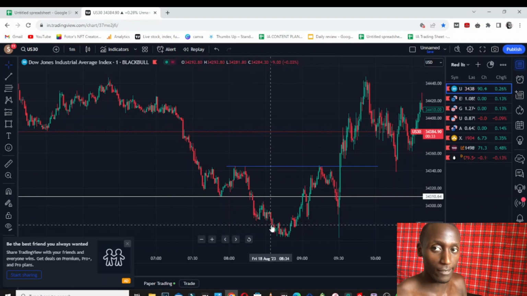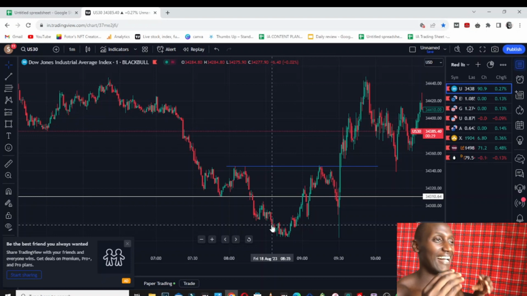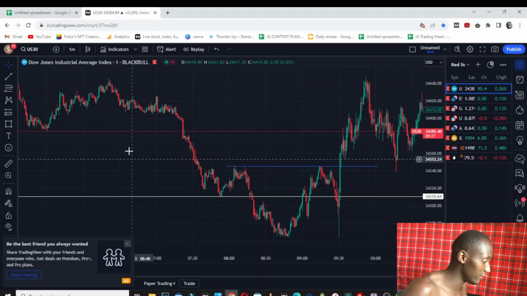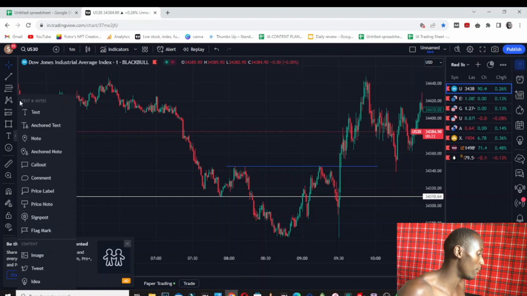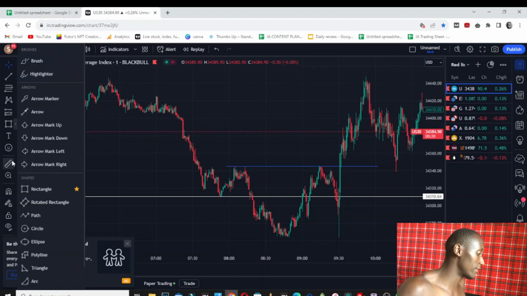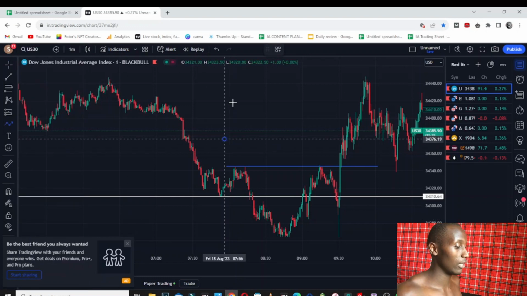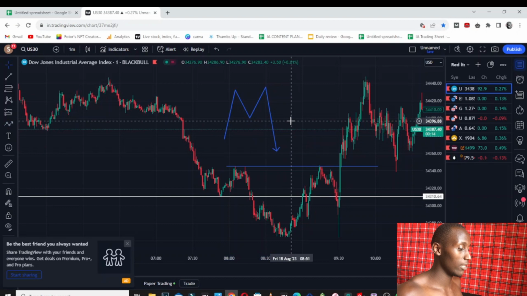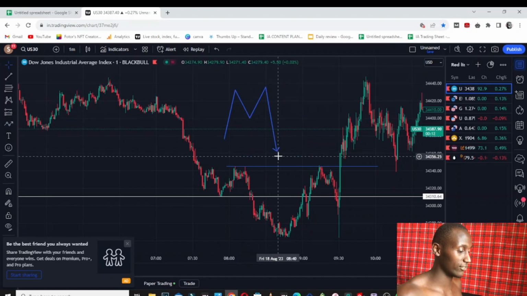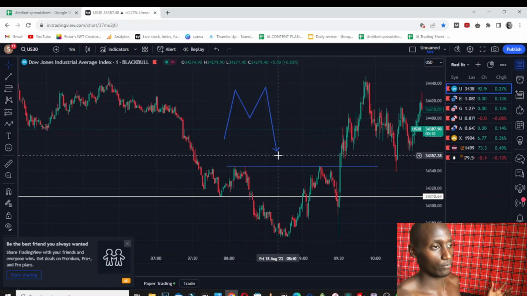Now, once we have a dump, what are we looking for? We are looking for a W pattern. A W pattern is just a double bottom or a double top or a triple top, but it has to be very specific. We want to see a W pattern, but also with a breaking structure. If we don't have a breaking structure, we don't have a double bottom. That is just a consolidation.